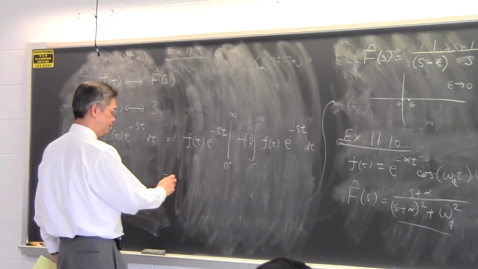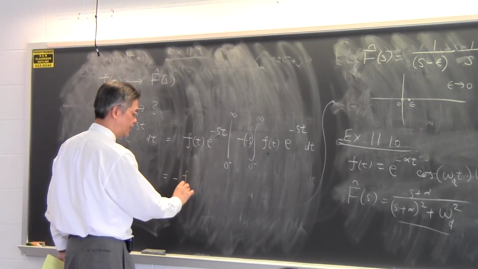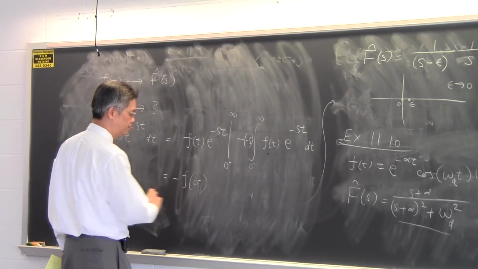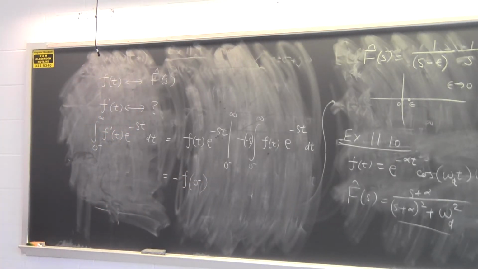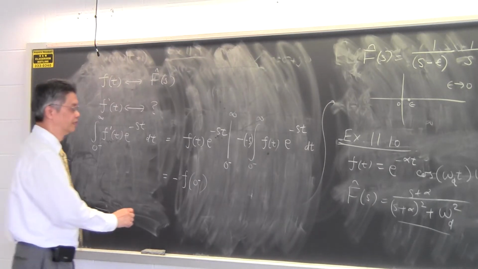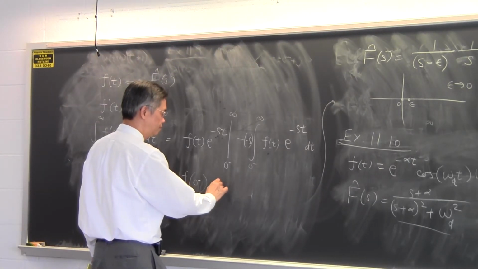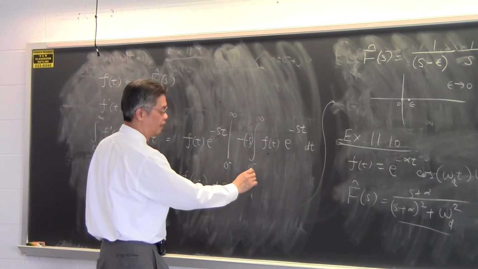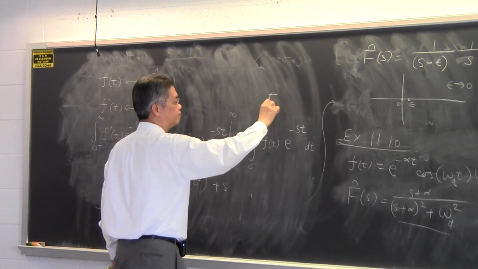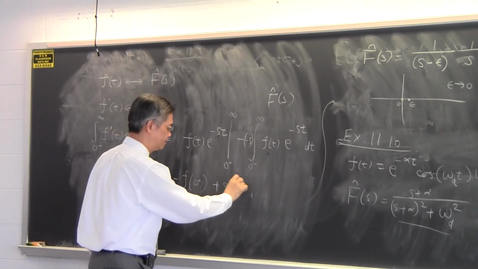Okay, then the first term will only have this left, and then the second term gives you plus s, and this is just the Laplace transform f hat of s.